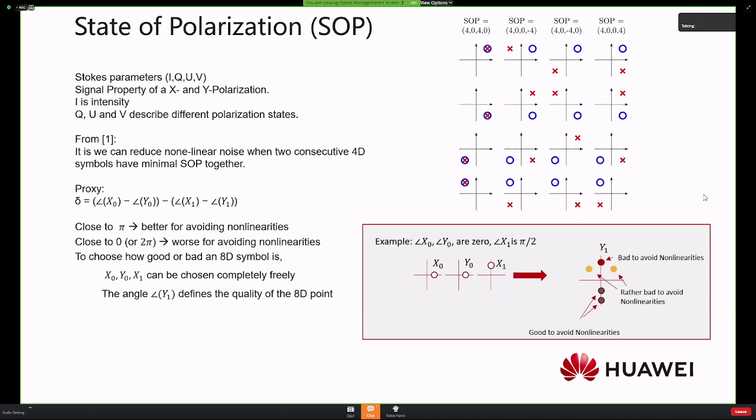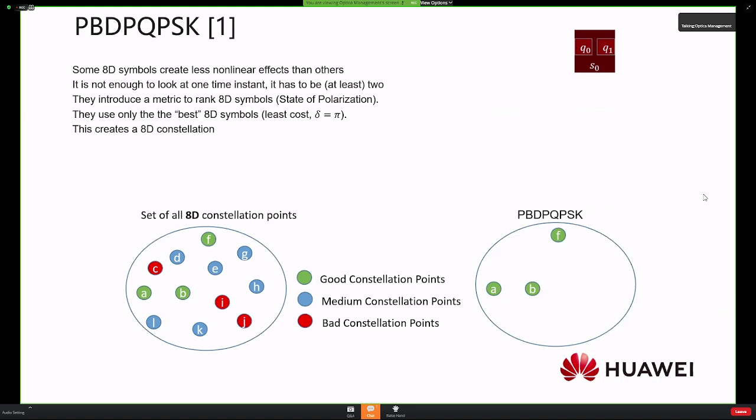So this is something nice to notice. As I said, I'm not the one who came up with this idea. There's a constellation called polarization balanced dual polarization QPSK.